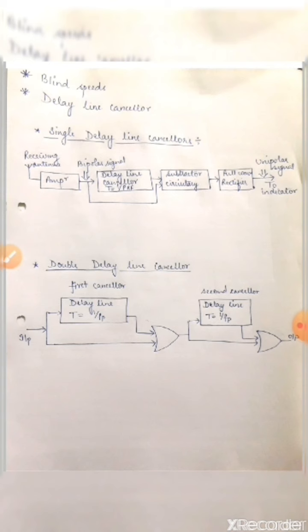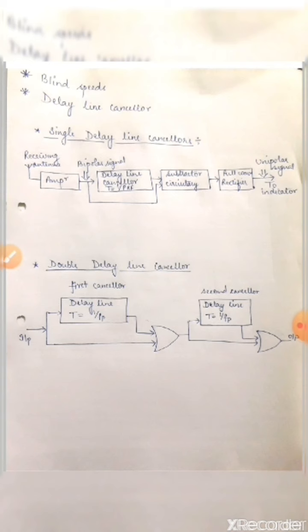Now let's see the working of this single delay line canceller. The subtractor inputs are connected in such a manner that the first pulse reaches with one delay at input 1, and at the same time the second pulse reaches directly at input 2 and gets subtracted.